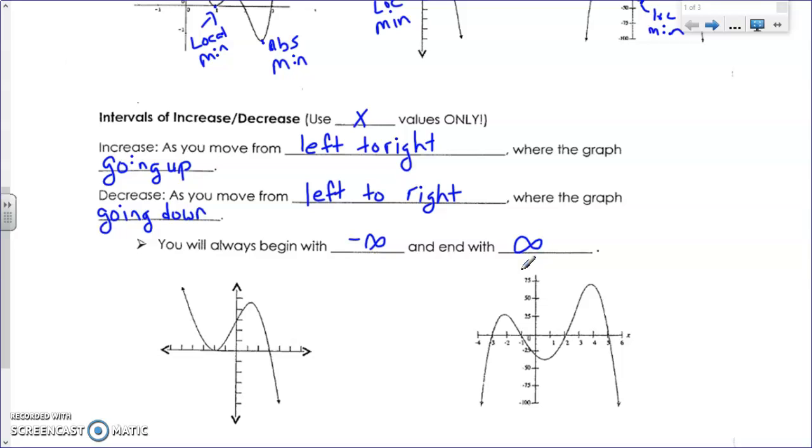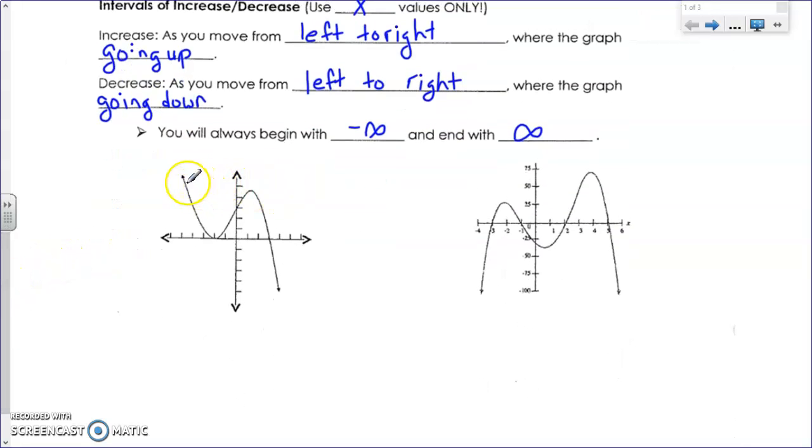Now, if you struggle with this, I'm going to show you a way that is going to make it easier. If you look at this graph here, and you start here, what is it doing first? Going down. So this point here is -2.